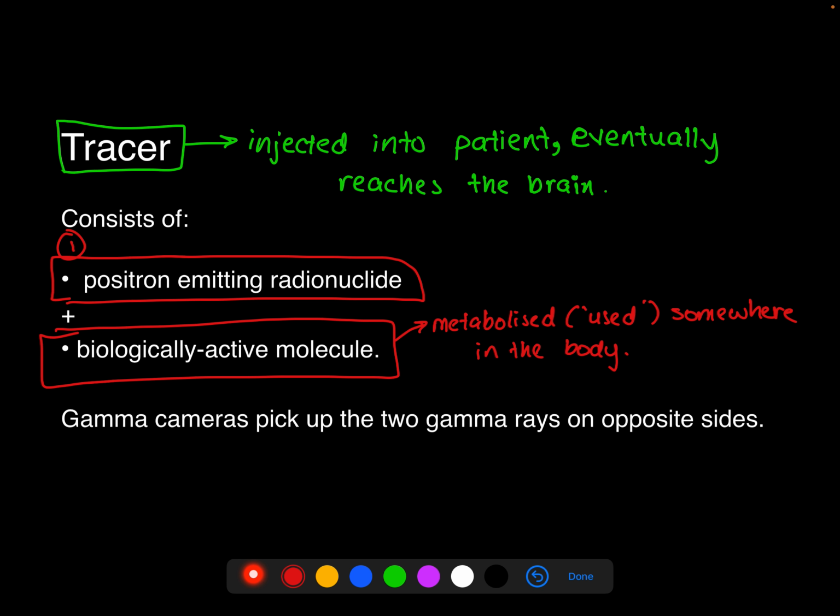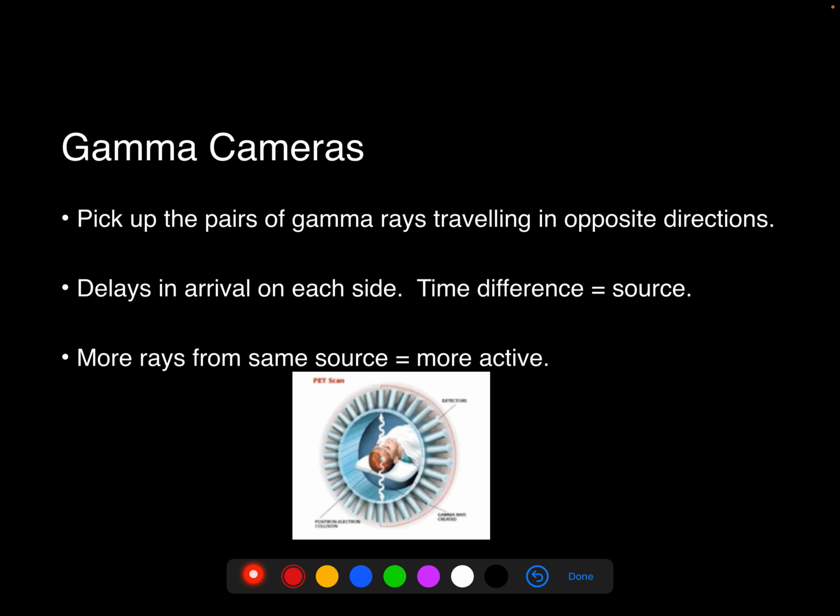Okay. So this travels through, the positron is emitted, and then something called gamma cameras pick up the two gamma rays going in opposite directions. How do gamma cameras work? So I have the image in the bottom here to illustrate what goes on.